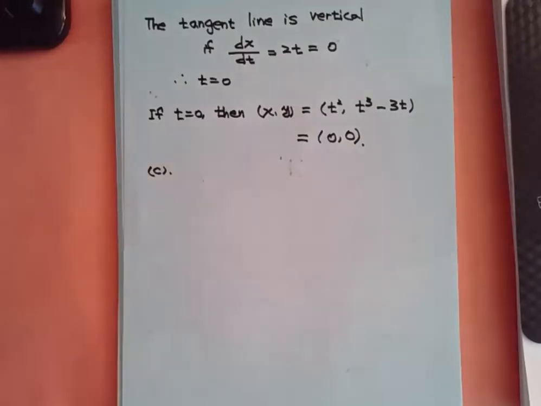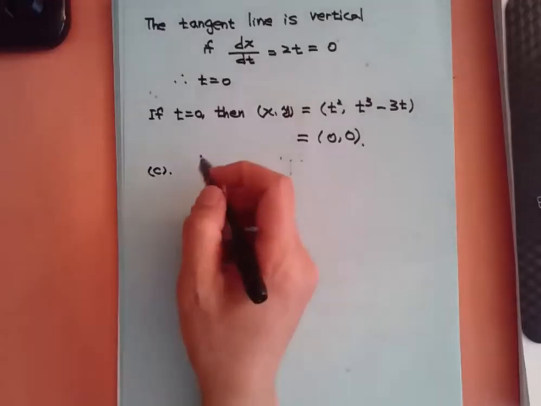So what we did so far was we identified where the tangent lines are horizontal, vertical, and when the curve crosses itself, by calculating the two tangent lines at the point 3, 0.